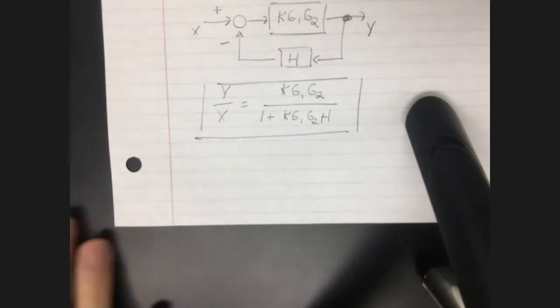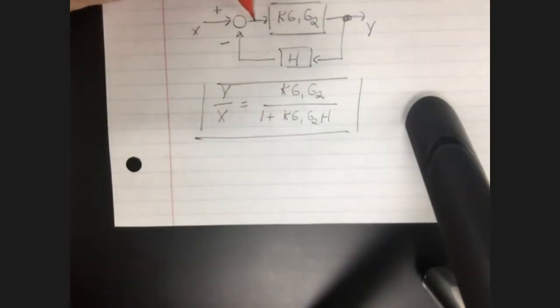Great. If you didn't remember the similarity to the previous structure, you could have also done it from scratch and written out what's this intermediate signal. Let's call it E. Let's call this intermediate signal right here M. And you could have set up your equations.